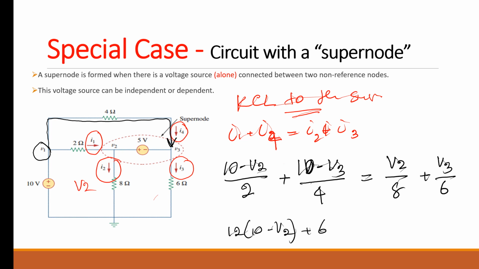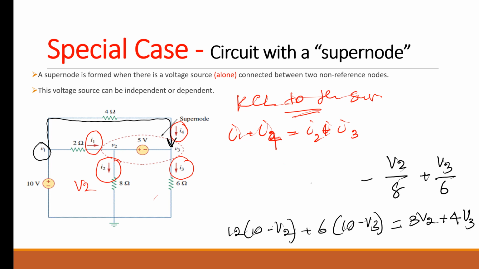6 times (10 minus V3) is equal to 3V2 plus 4 times V3. Okay, let's simplify this equation.